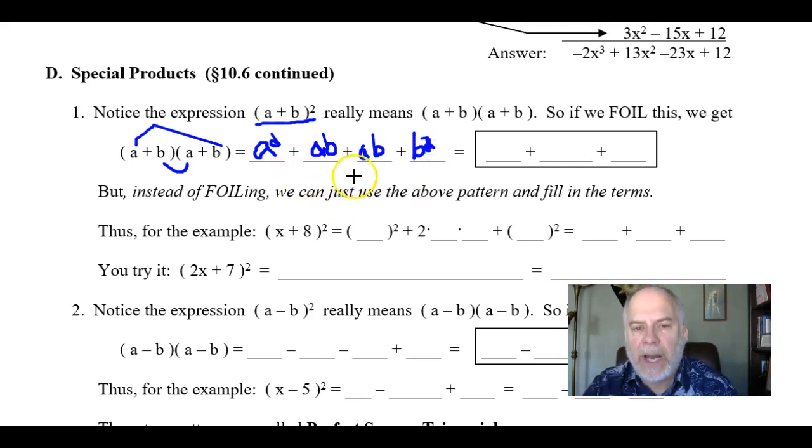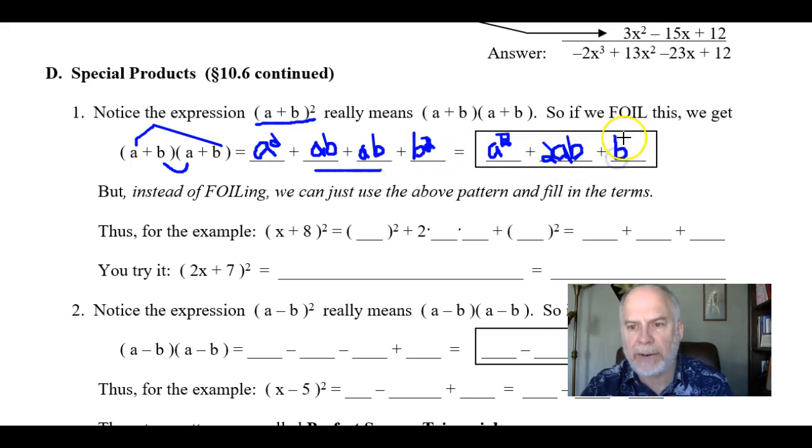Now, we can combine the middle terms. These can be combined, the ab plus the ab. So it's like 1ab plus another 1ab makes 2ab. So you have the a squared, you have 2ab, and then you have b squared.